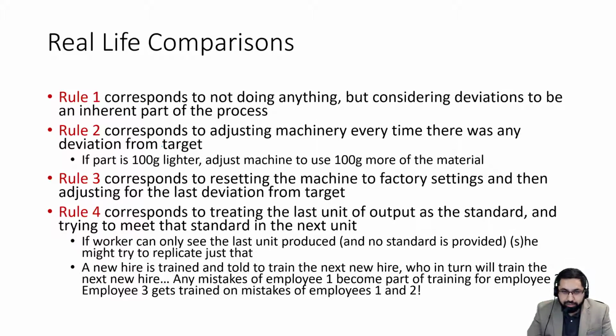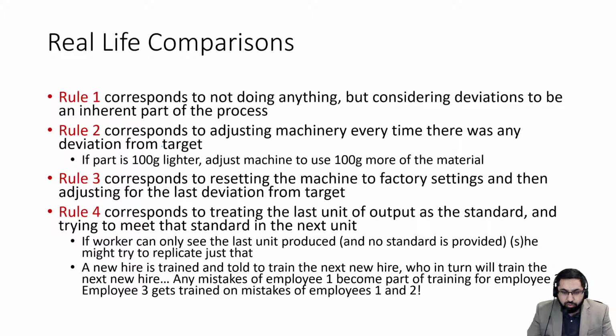You kind of offset it in the opposite way from how far you were from the target. Rule 3 corresponds to resetting a machine to factory settings and then trying to adjust for the last deviation from the target. Rule 4 corresponds to treating the last unit of output as the standard and trying to meet that standard in the next unit.